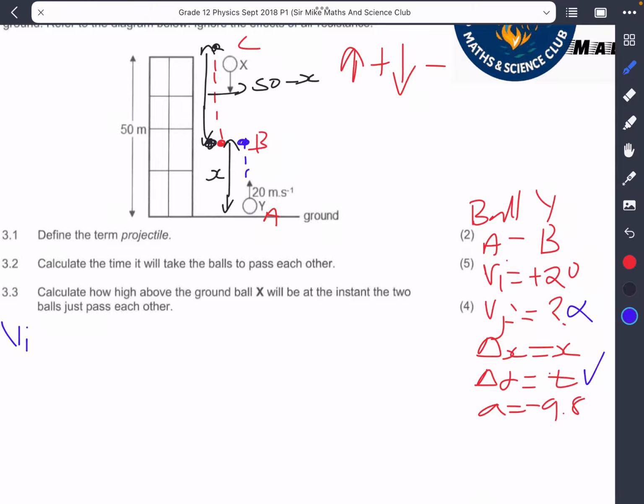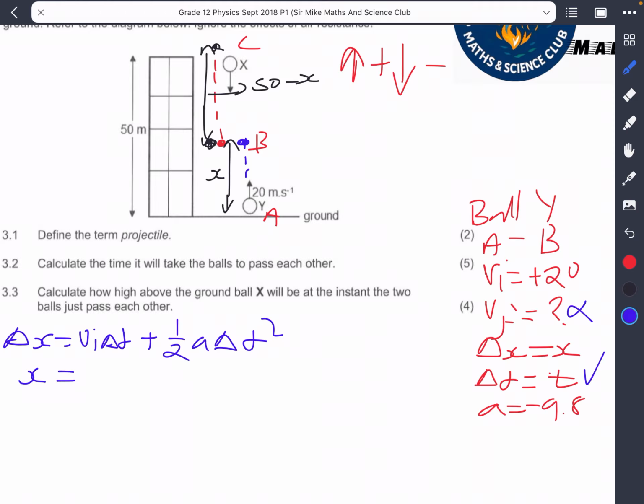That simply says delta x is equal to vi multiplied by delta t plus a half a delta t squared. I know that my displacement is x, so I'm just going to put that as x.